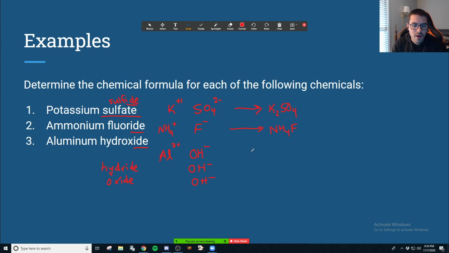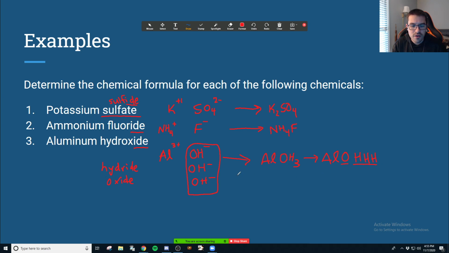Okay, so how do I write this? Well, I've got 1 aluminum, and then I have 3 hydroxides. Now, you might be tempted to just write AlOH3. This is technically not correct, because what this means is 1 aluminum, 1 oxygen, and then 3 hydrogens. That's actually not what we need. We need 3 hydroxides, not just 3 hydrogens.